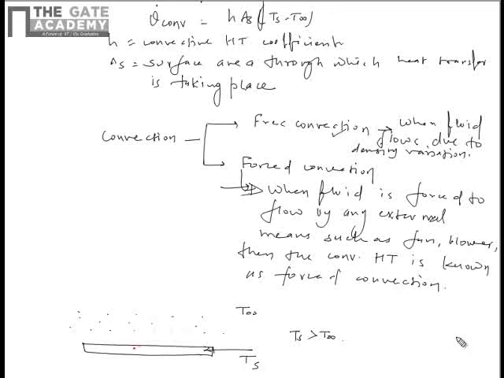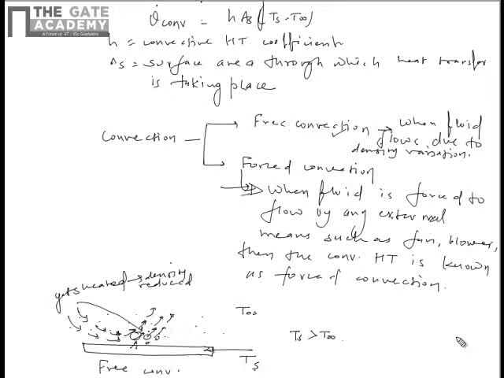So there will be some heat transfer from solid to air, and this air gets heated, and hence its density will reduce. So this air will go upward due to density variation, and cooler air from the upper side will come and try to get the heat from the surface. This is free convection.